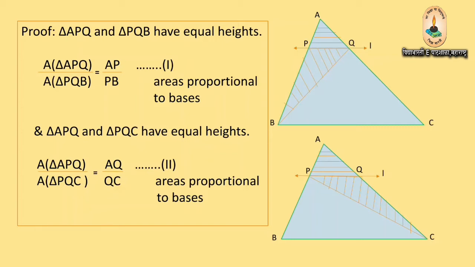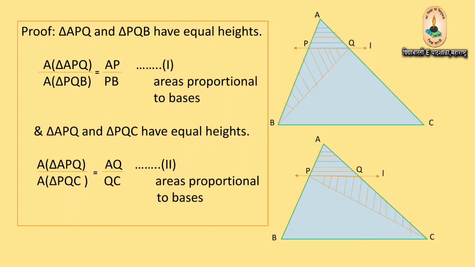Here these two triangles have the base along the same line, that is AB, and they have the common vertex, that is point Q, and therefore triangle APQ and triangle PQB have equal heights, and therefore area of triangle APQ upon area of triangle PQB equal to ratio of their bases, that is AP upon PB. Number this as 1.